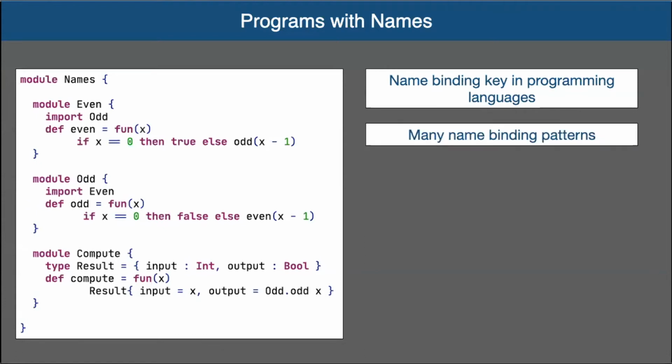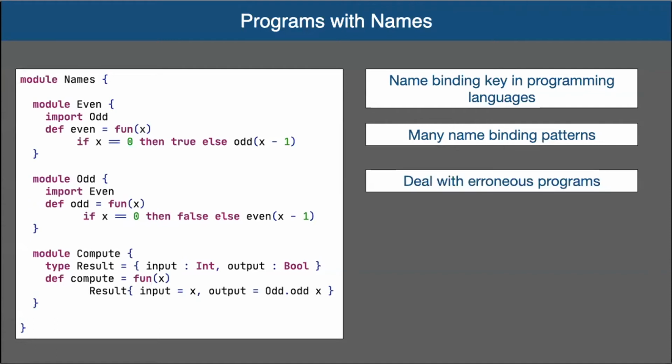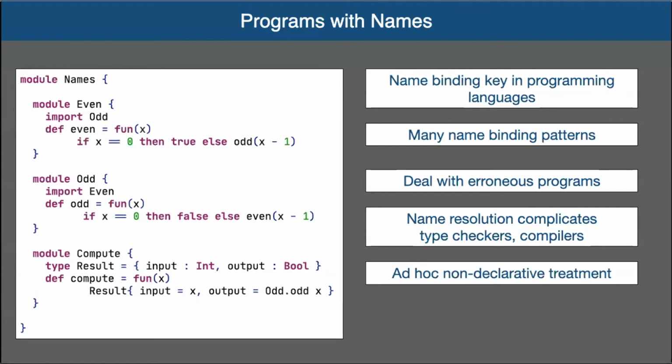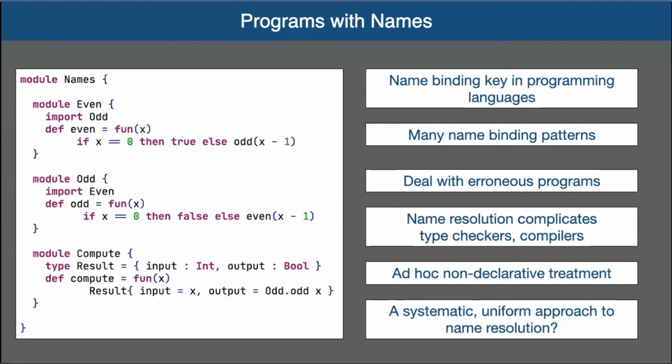We have many kinds of name binding patterns. We have to deal with erroneous programs. Name resolution really complicates type checkers and compilers, and typically we see that they are treated in an ad hoc way in various tools. So is there a systematic, uniform approach to name resolution? That is what our work on scope graphs is about.